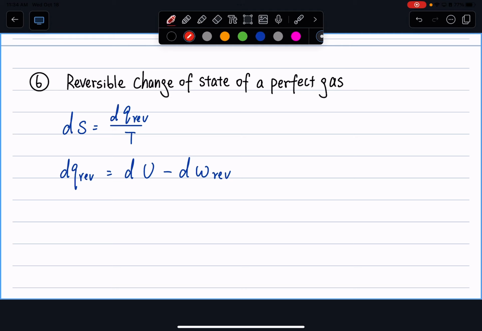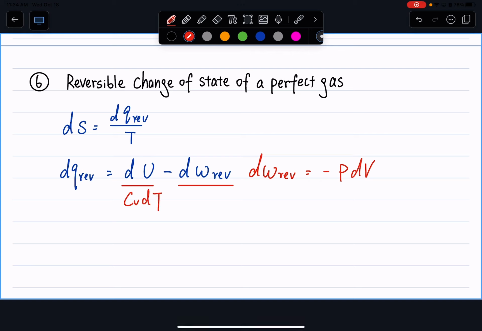Now for a perfect gas, there are lots of things we know. For a reversible process, dw reversible equals negative P dV. And dU for a perfect gas equals Cv dT.